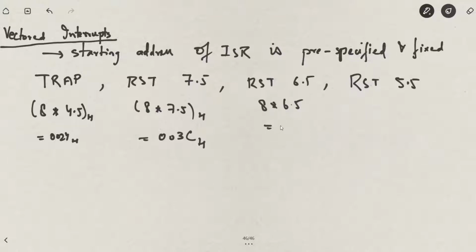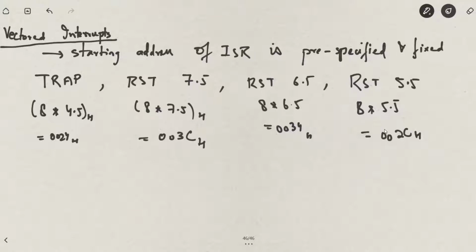So the starting address of the ISR of this is 0034H, and then you have 8 times 5.5, which comes out to be 002CH. Fine. So these are the addresses of the subroutines for the four vectored interrupts of the microprocessor 8085.